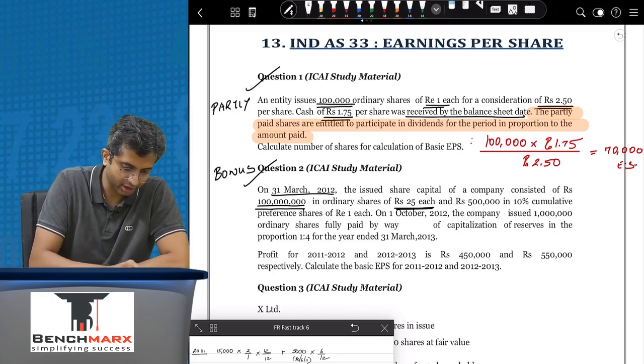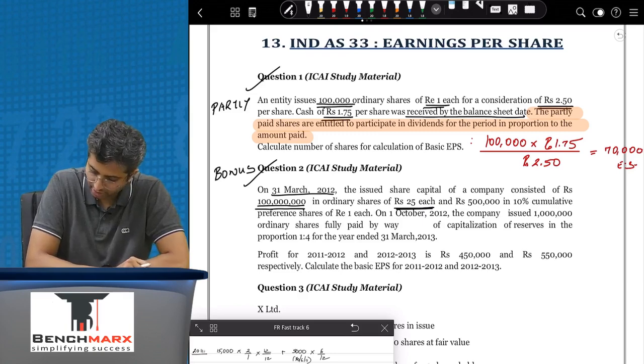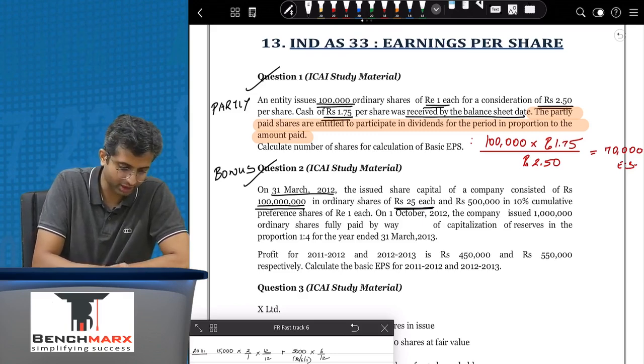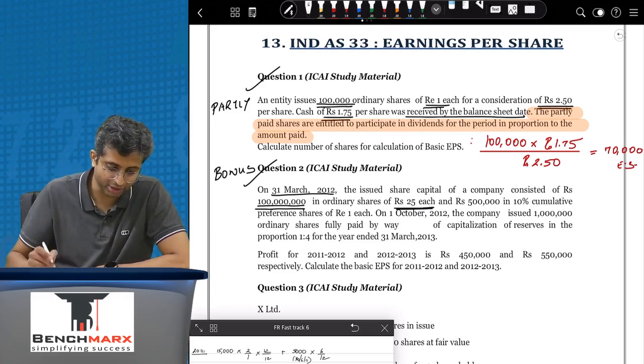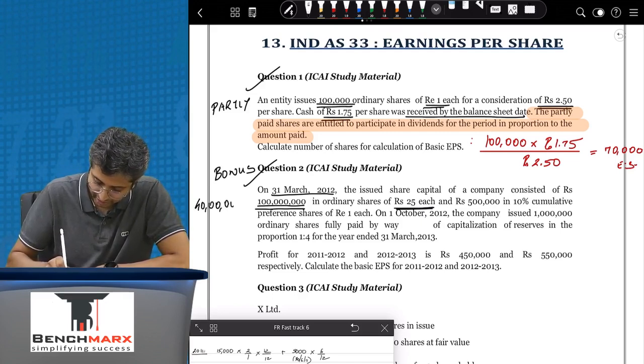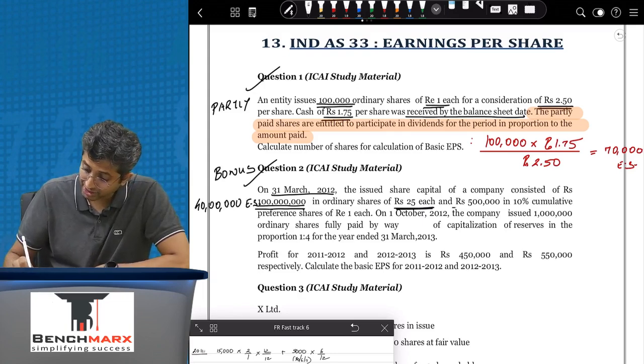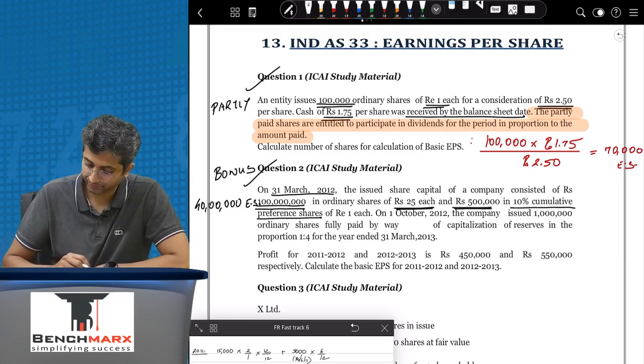So this is 10 crores, I'm sorry. 10 crores divided by 25, so this is 40 lakh shares. So basically you'll have 40 lakh equity shares and rupees 5 lakhs in 10% cumulative preference shares.